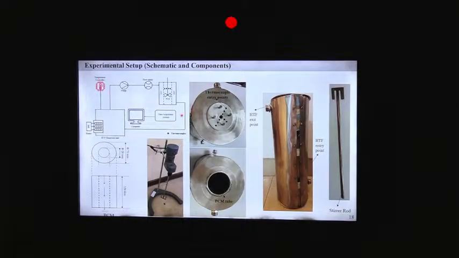So with that in our mind, we designed this thermal energy storage system, a thermal battery, which was again a PCM. It was D-mannitol. D-mannitol is one of the types of sugar which is utilized for various applications of solar cooling.